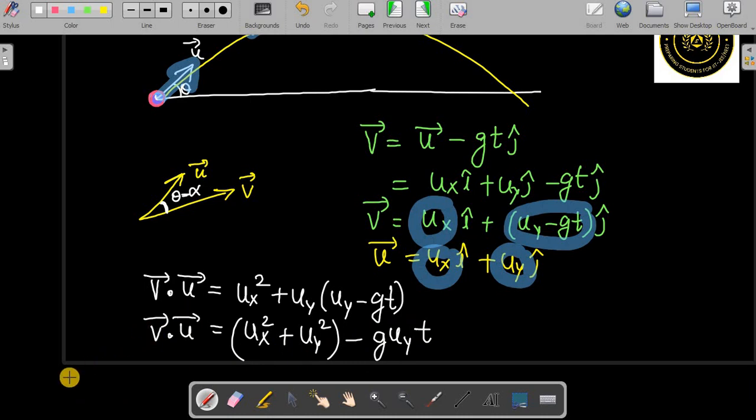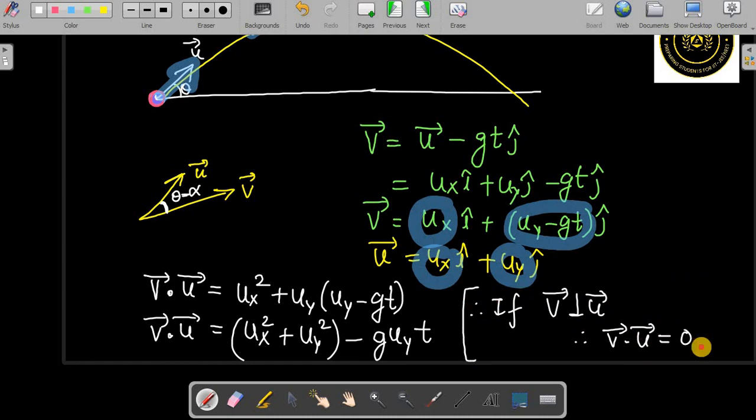Now suppose they say that both the vectors are perpendicular. Then the angle between them becomes 90 degrees, so v dot u becomes 0, right? So if v is perpendicular to u, v dot u becomes 0. Let's apply this condition here.